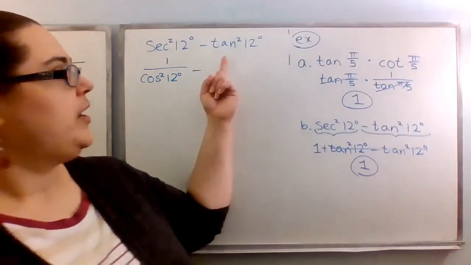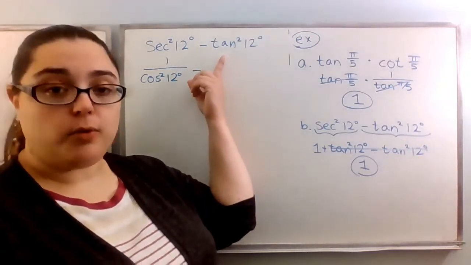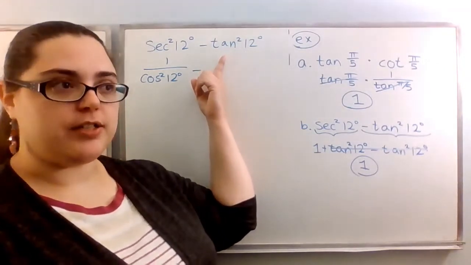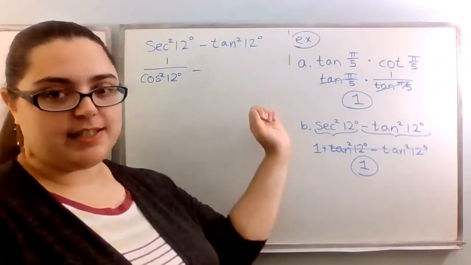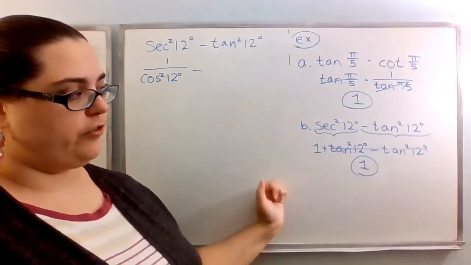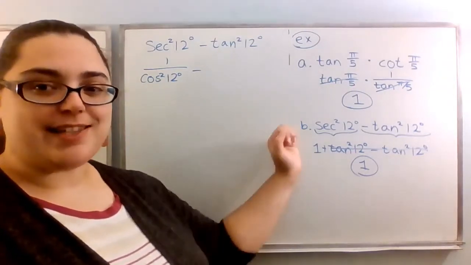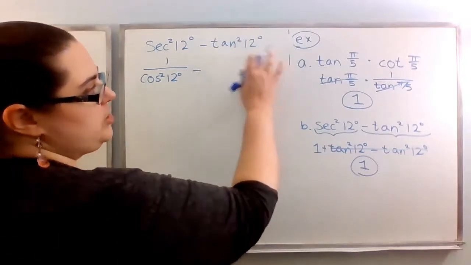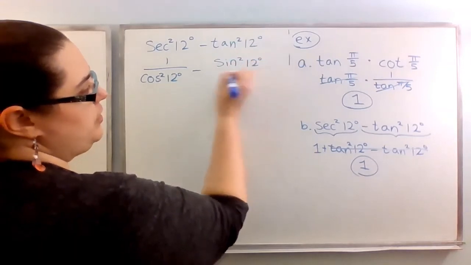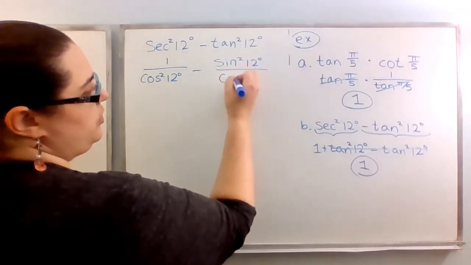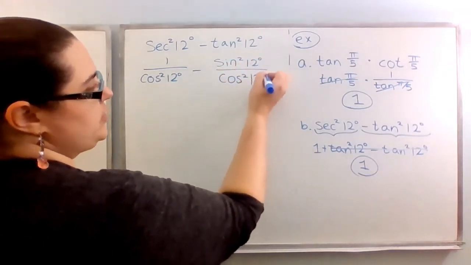Minus. For tangent, I'm going to need my quotient identity. I know that cotangent is cosine over, so tangent's going to be sine over. So tangent squared is going to be sine squared 12 degrees over cosine squared of 12 degrees.